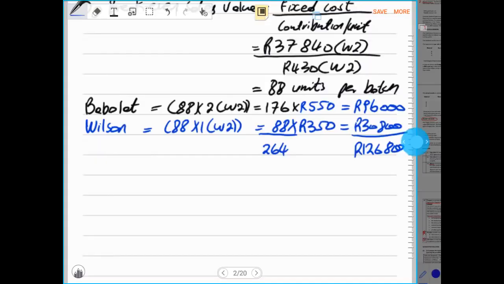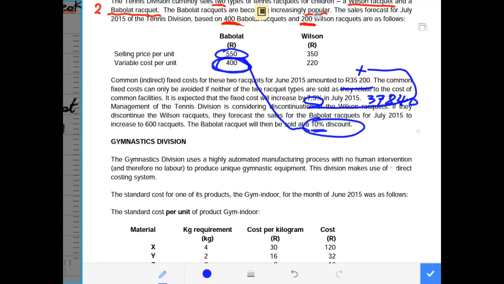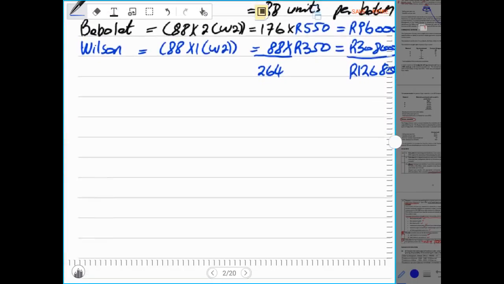So just to recap, we need to reduce our selling price, which is 550, by 10%, because they said the product Babolat will be sold at a 10% discount. Our variable cost still remains the same. There was no change in the variable cost despite the discontinuation of the product Wilson. So now we have to calculate the selling price.